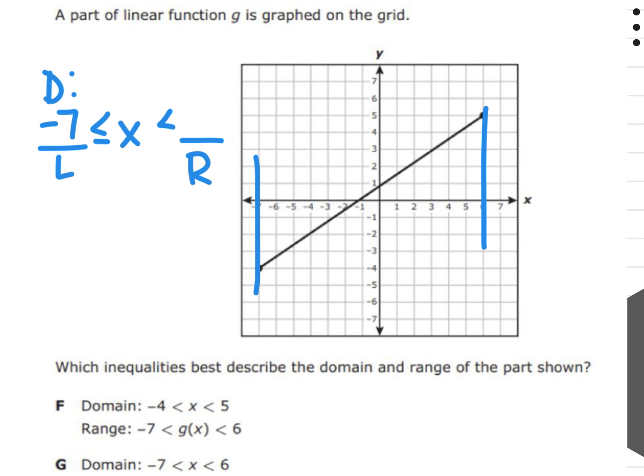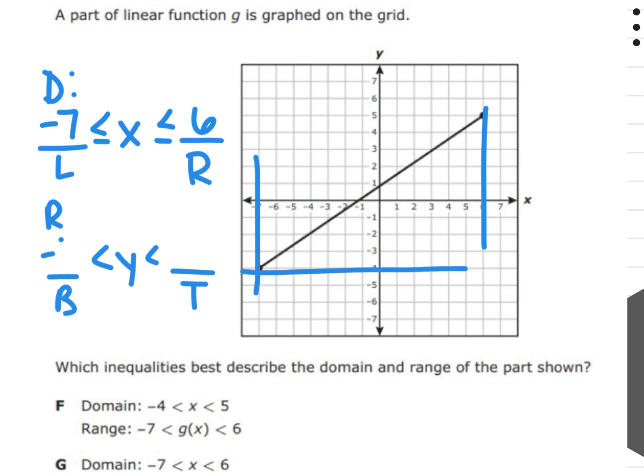Rightmost number? 6. Line or no line? Gonna have a line. And then the range, something less than y, less than something. And again, bottom to top. Remember, always least to greatest. So we have -4, and these were closed circles, so we're gonna have those lines all the way up to 5.